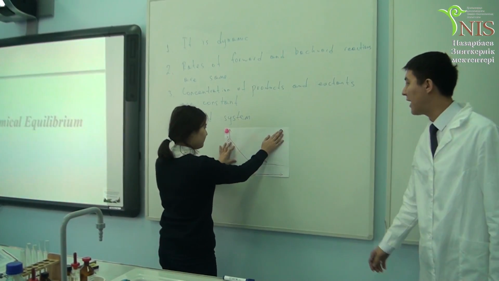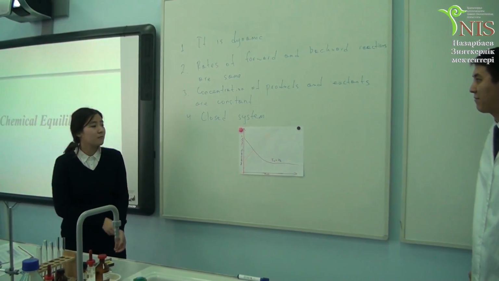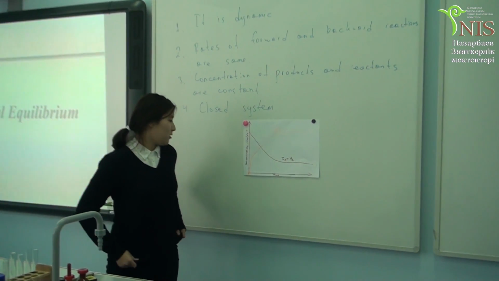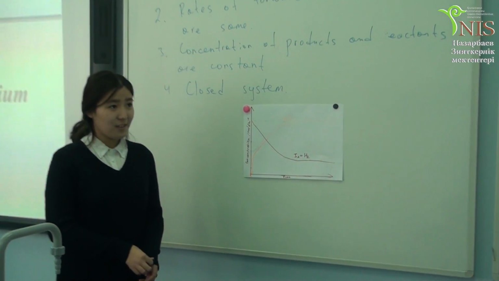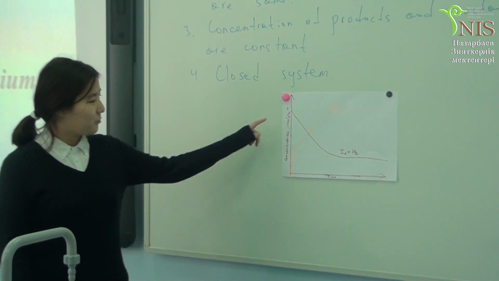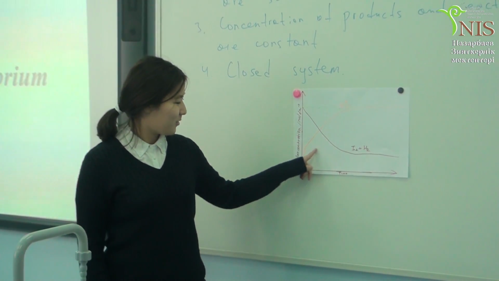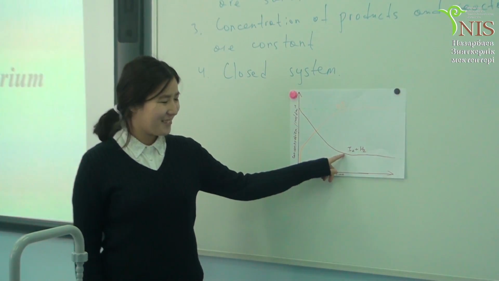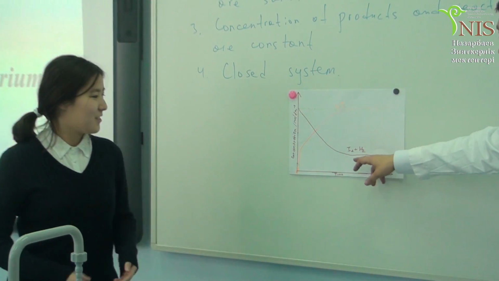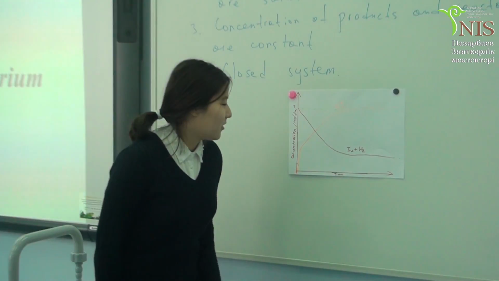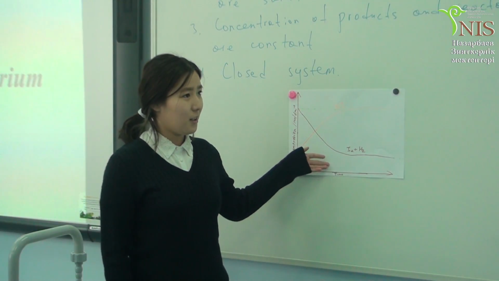Can you explain to the class what's happening in this graph? The concentration of reactants will decrease, and it will be constant at the equilibrium.